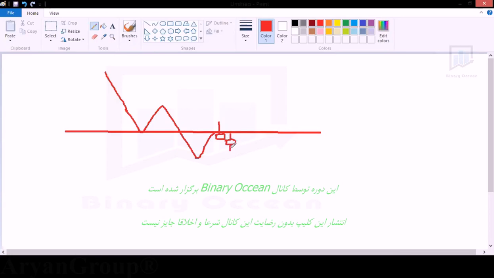The candle closing point must be below the previous candle closing point. So if the candle closing point is below the previous closing point, then we can enter here.